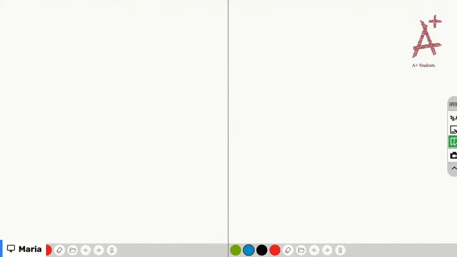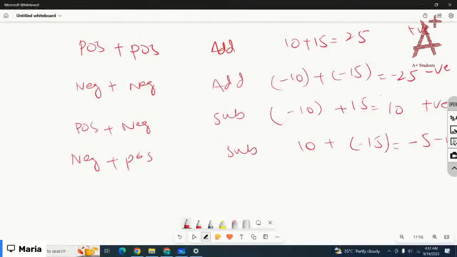Okay, so when you are subtracting integers, when you are doing subtraction of integers, you can subtract between two positive numbers, between two negative numbers, or between a positive and a negative number, right?